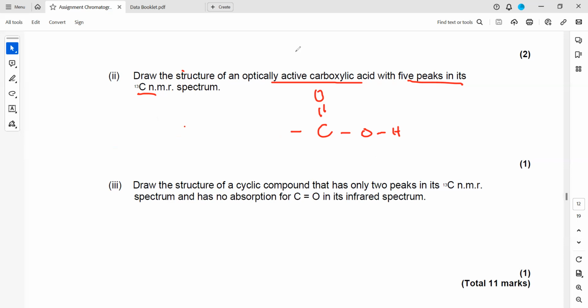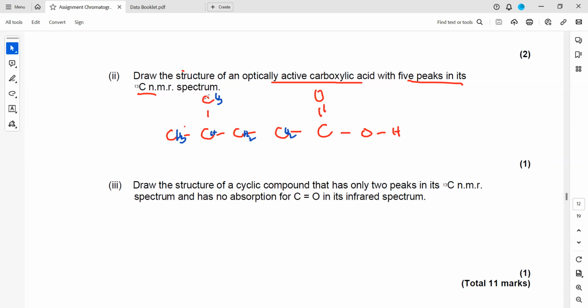So if I make branches, 1, 2, 3, 4, 5, and then 6, this is CH3, this CH3, this will be CH, this will be CH2, this will be CH2. Now how many carbon environments are there?